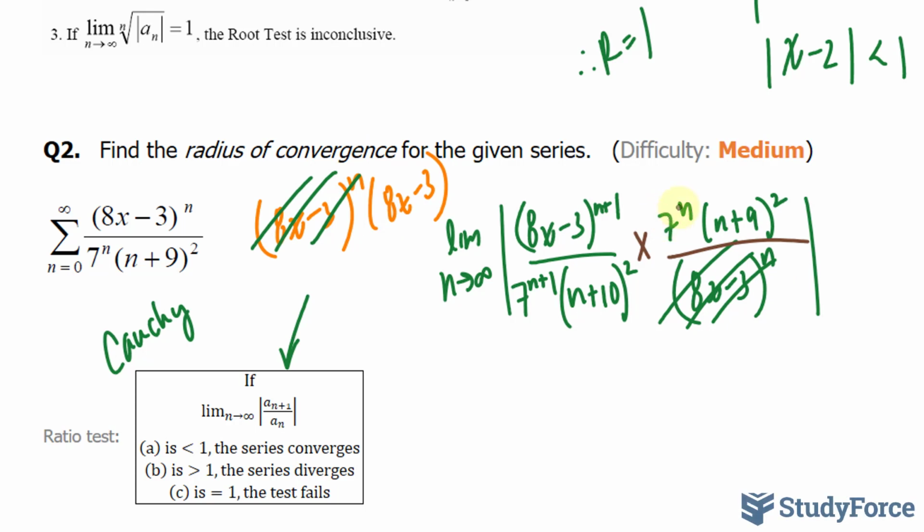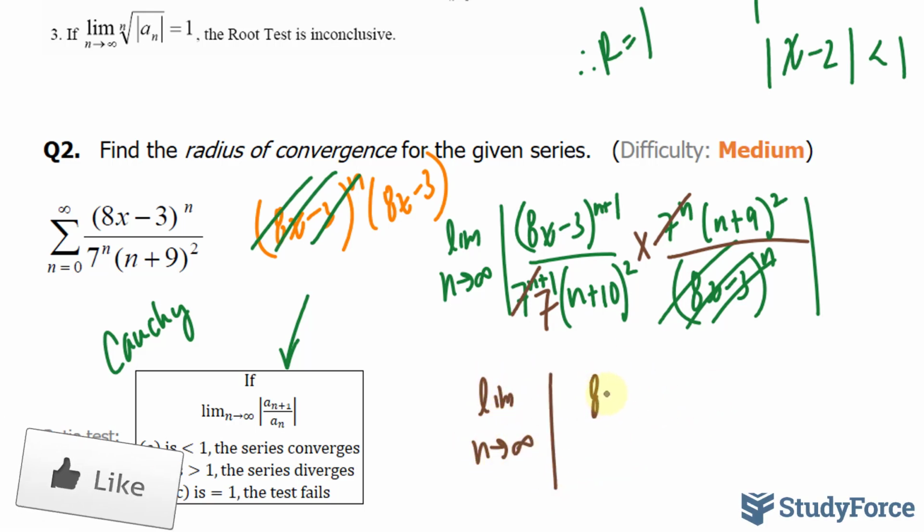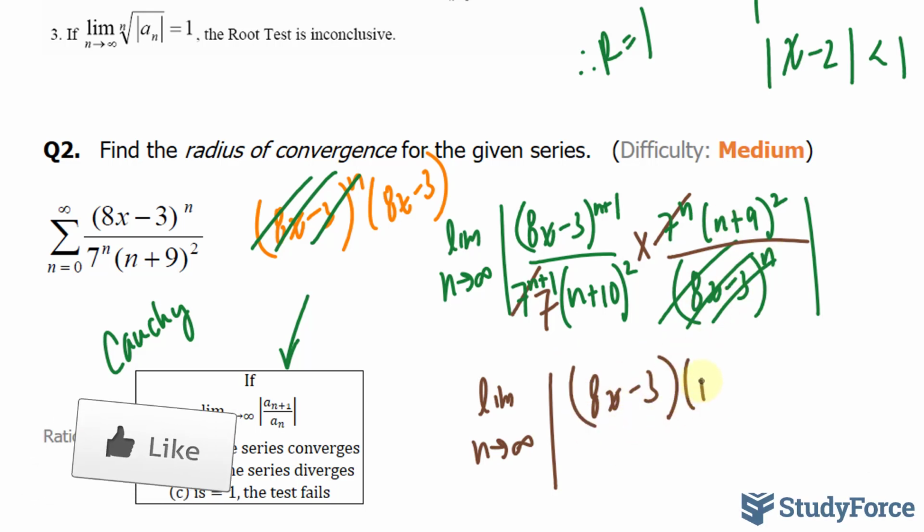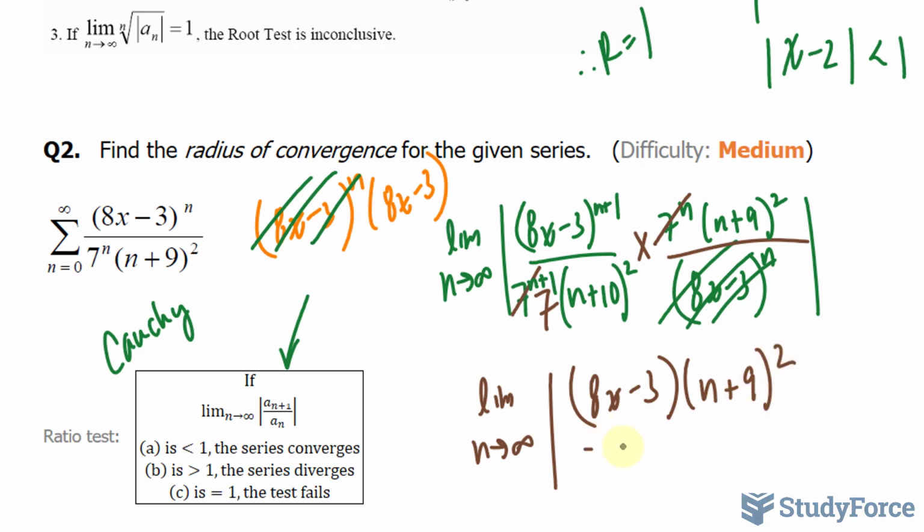And similarly, this 7 to the power of n, for the same reason why these two canceled out, will cancel out with 7 to the n here, leaving us only with 7 to the power of 1, or 7. Now we have the limit as n approaches infinity for 8x minus 3 times n plus 9 raised to the power of 2 over 7 times n plus 10 raised to the power of 2.